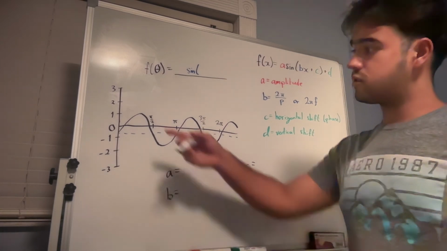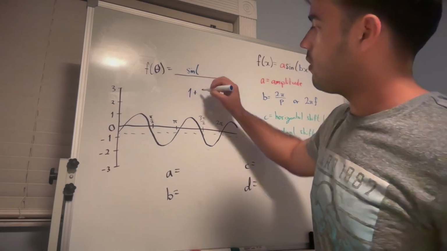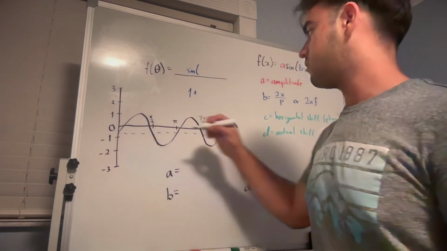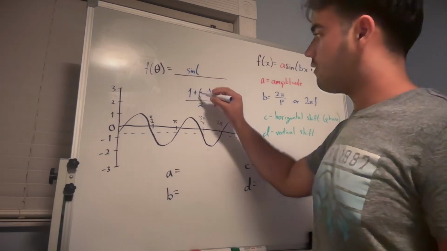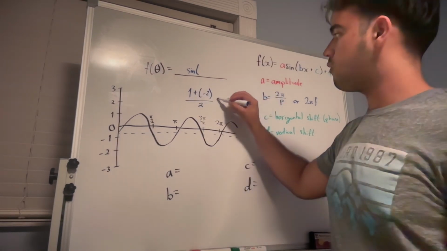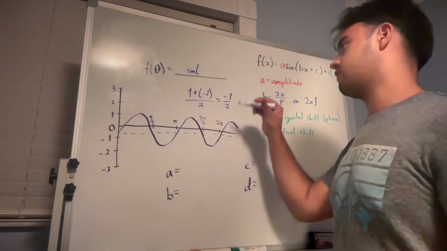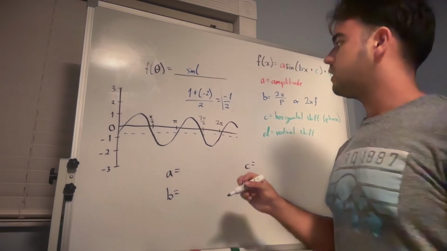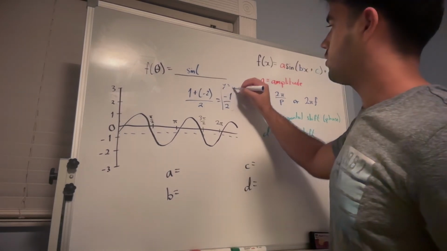And how do I know this? Well, we take our maximum value, we add it with our minimum value, and we divide it by 2 to find the average. 1 plus -2 is -1 divided by 2. Sorry, I said 1/2, I meant -1/2. So -1/2 is our midline. So this is y equals -1/2.